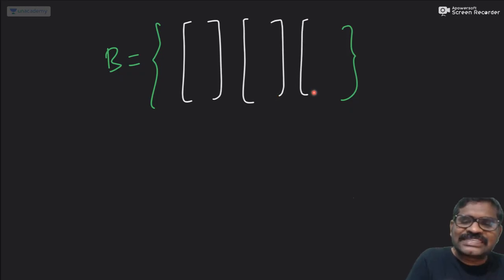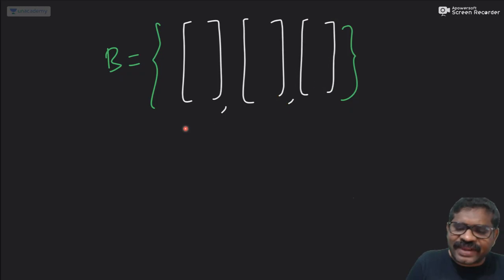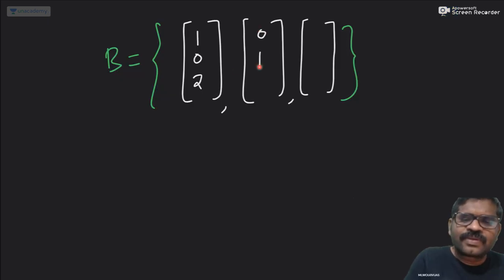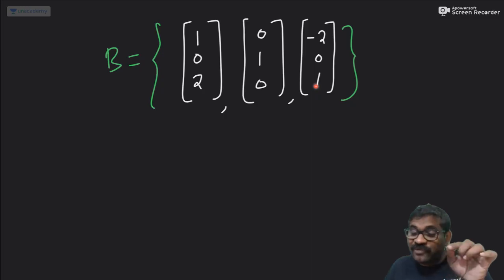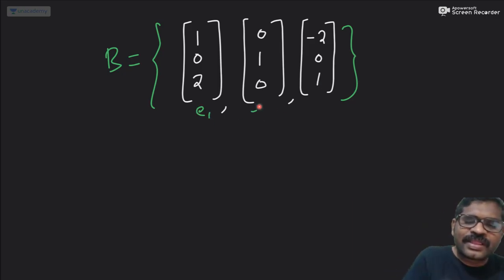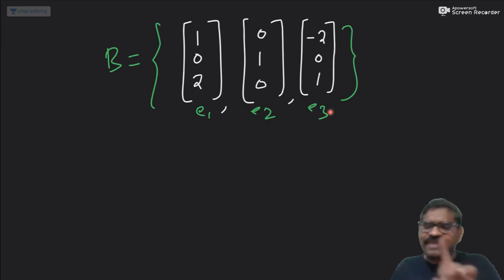If the basis consisting 3 vectors of dimension 3, minus 2, 0, 1. Please concentrate. Your vector is with 3 components. So 3-dimensional vector. Okay, your vector is with 3 components. So your vectors are 3-dimensional vectors. So this is E1, E2, E3. E1, E2, E3 are members of the basis.